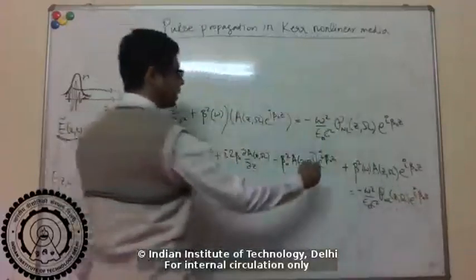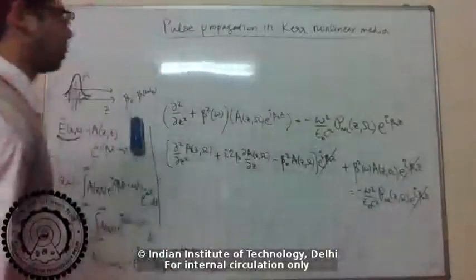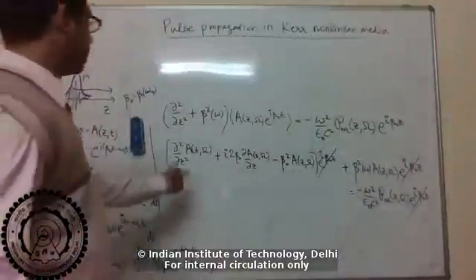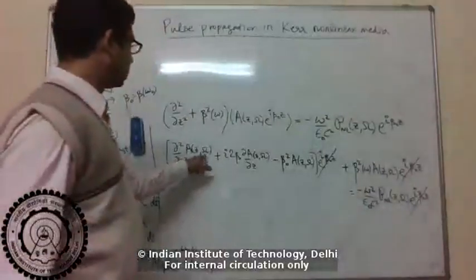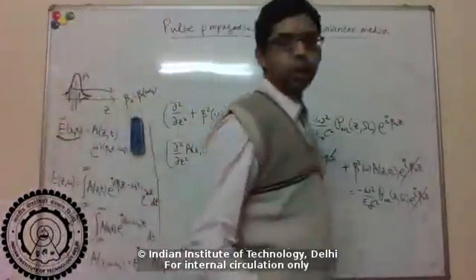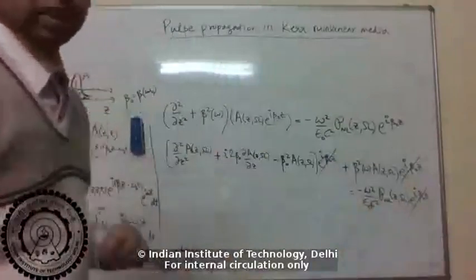So this e to the i beta naught Z gets cancelled on both sides. Okay. So now we are left with an equation in the frequency, this capital omega, which is the detuning from the center frequency, right? So that just gives me how the shape of the envelope changes.